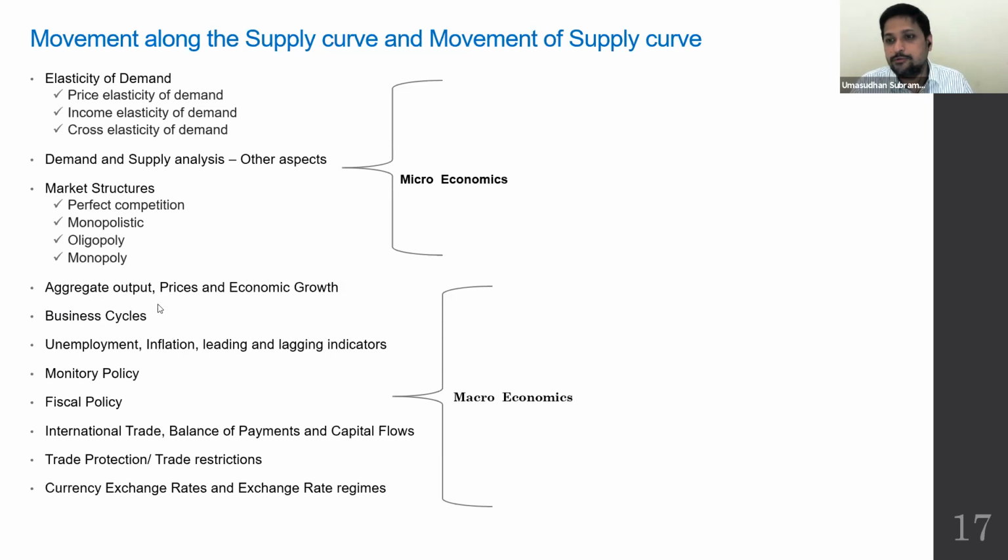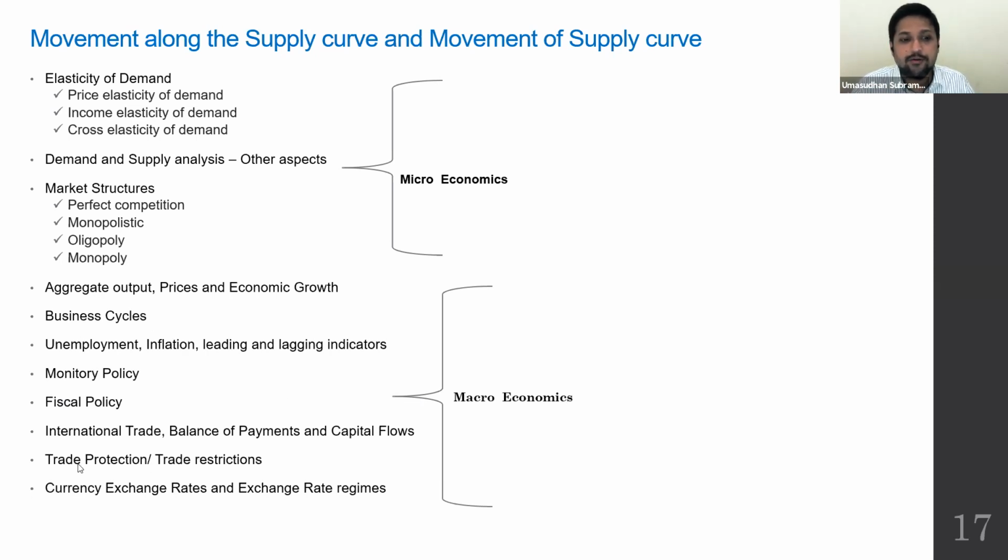Moving into the second half, we are talking about macroeconomics, where we're going to talk about aggregate output, which is GDP, inflation, economic growth, business cycles like recession and boom, unemployment, monetary policies implemented by central banks, fiscal policies implemented by the governments, and international trade.